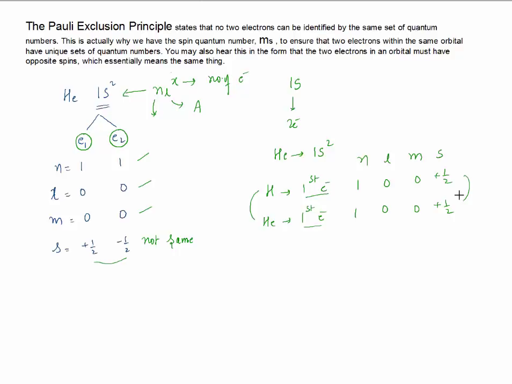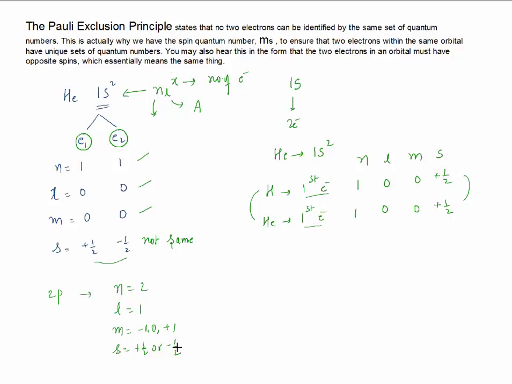What do I mean by that? For example, if you're talking about electron in 2p, please remember n value will be 2, l value will be 1, m will be minus 1, 0, plus 1. s is equal to plus half or minus half. So, Pauli's exclusion principle helps us to differentiate the electrons in an orbit.